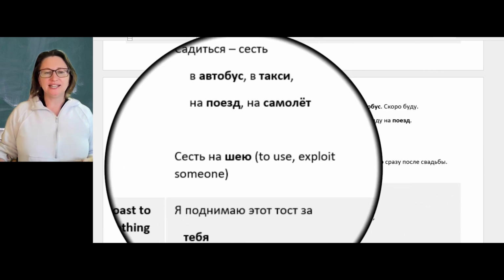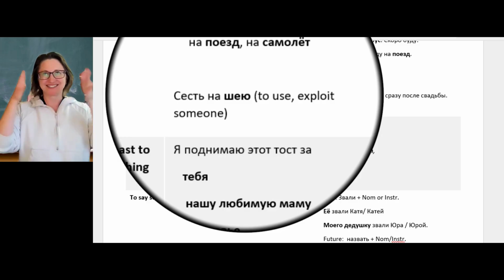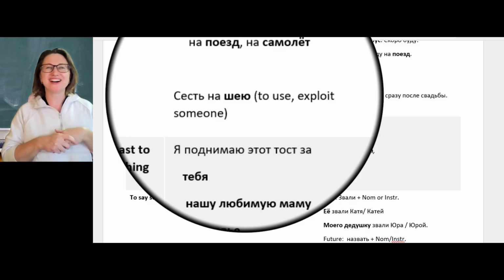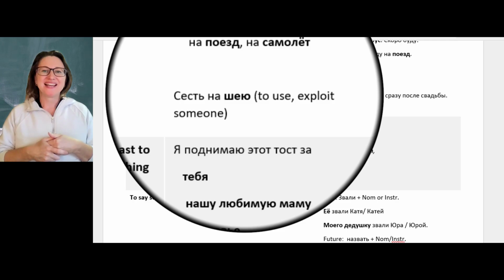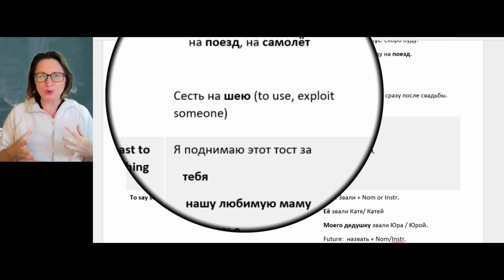And here I created this form, or like this chart, such a long time ago. I don't remember why I included some examples, but here I have an interesting example with this to get on. It's like a metaphorical expression, сесть на шею. And that's kind of like to use somebody, to exploit somebody.